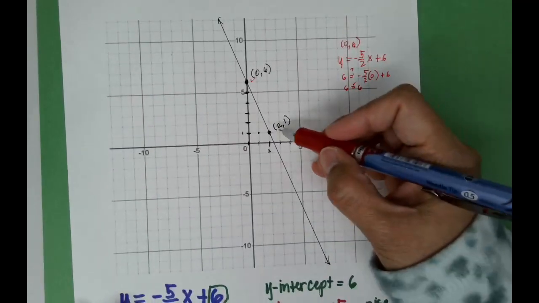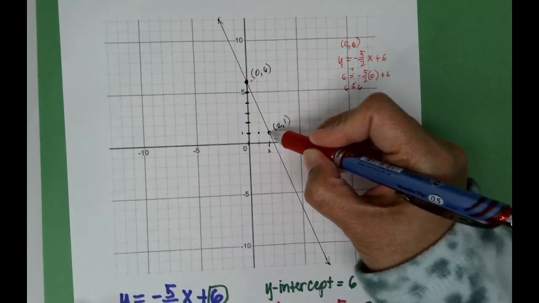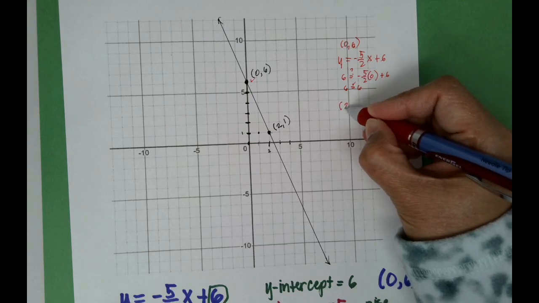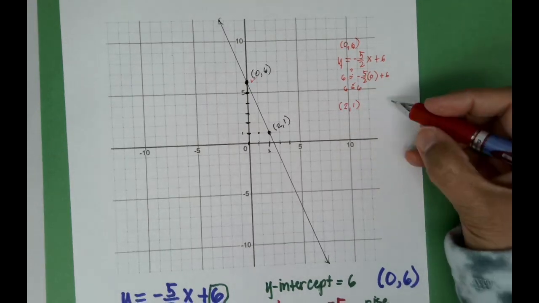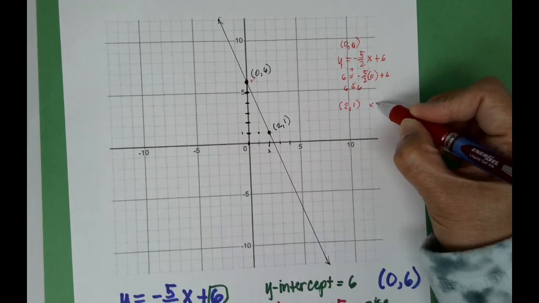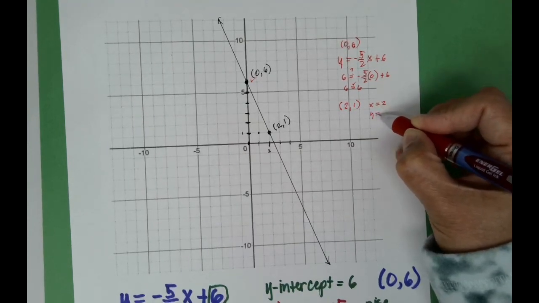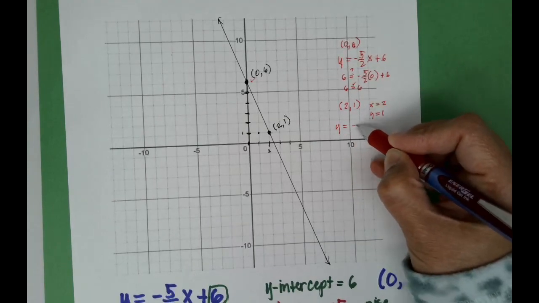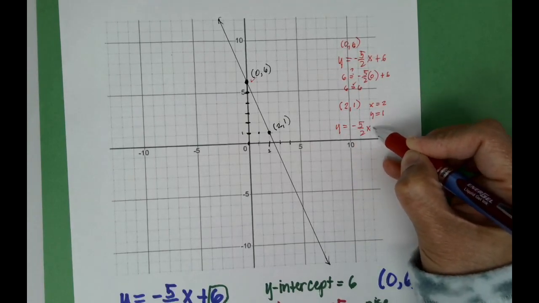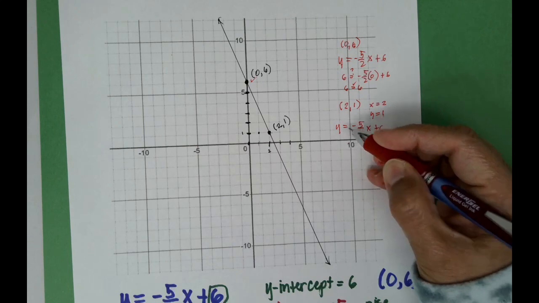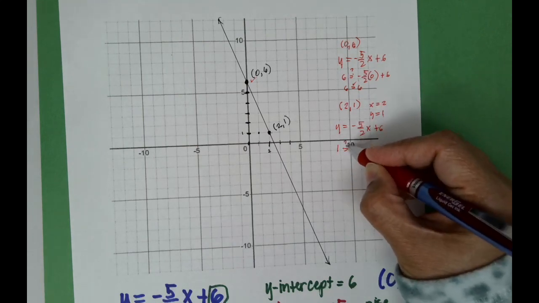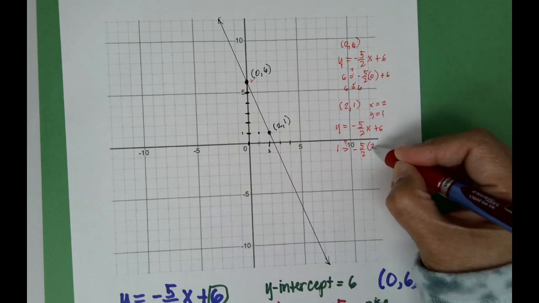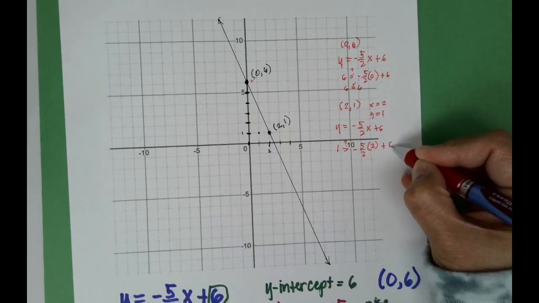Another solution is (2, 1). This point is on the line, so let's verify that it is a solution. Our x is 2 and our y is 1. The equation is y equals negative 5 halves x plus 6. Is 1 equal to negative 5 halves times 2 plus 6?